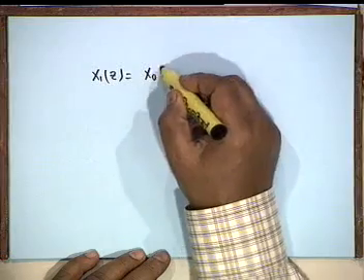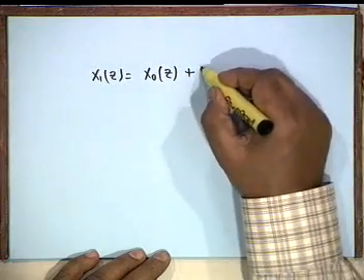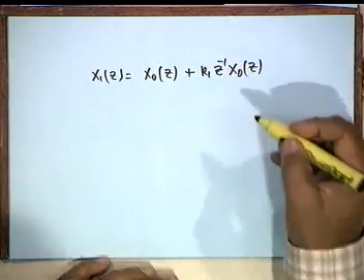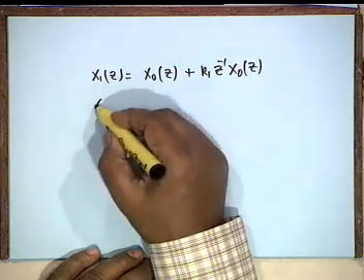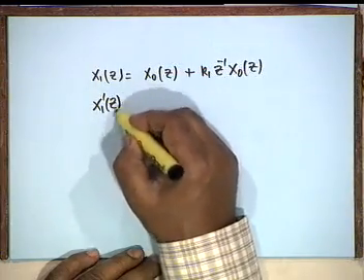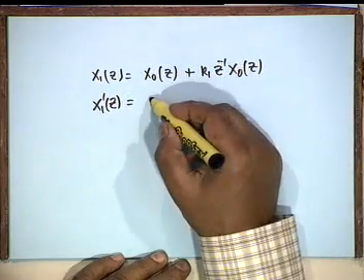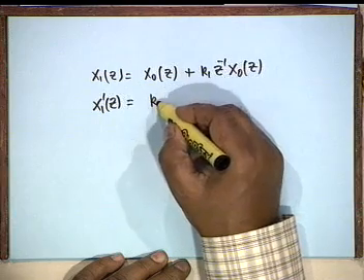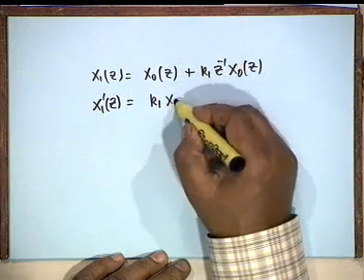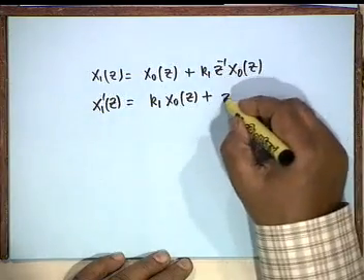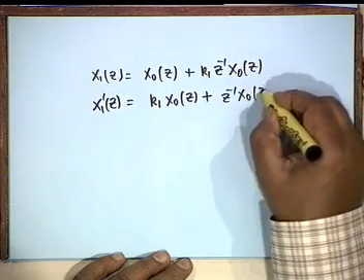Therefore, X1(z) equals X0(z) plus K1 z inverse X0(z). And similarly, X1'(z), if I look at the diagram, it shall be K1 X0(z) plus z inverse X0(z).